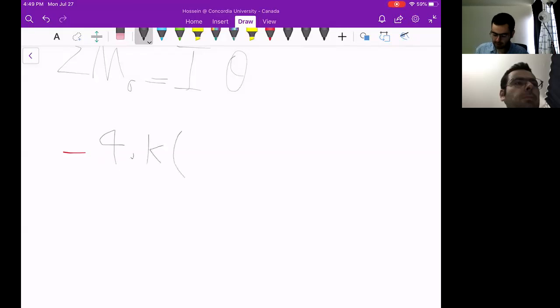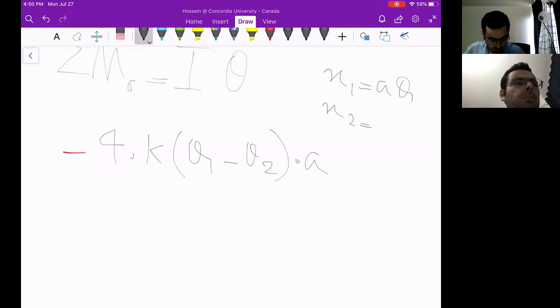Each spring is subjected to a relative deformation of theta 1 minus theta 2 multiplied by A. A multiplied by theta 1 is displacement 1. So x1 is A theta 1, x2 is A theta 2.